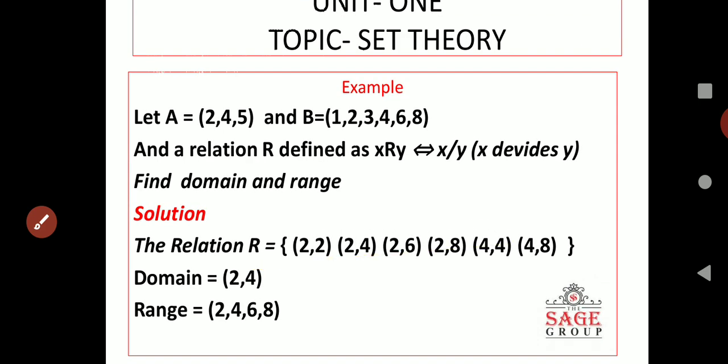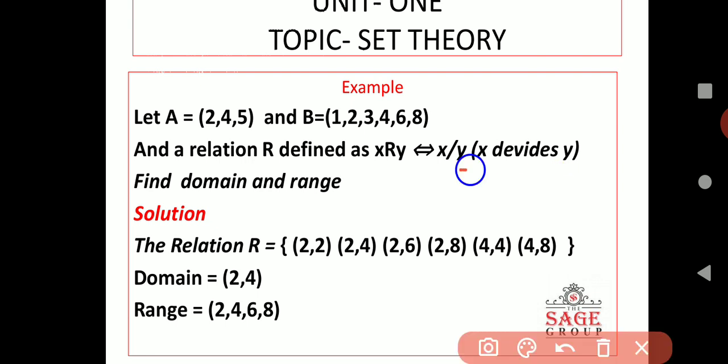Okay, again let's see an example for domain and range. Now if we have a set A with elements 2, 4, 5, and a second set B with the elements 1, 2, 3, 4, 6, 8, and a relation R which is defined as x divides y.